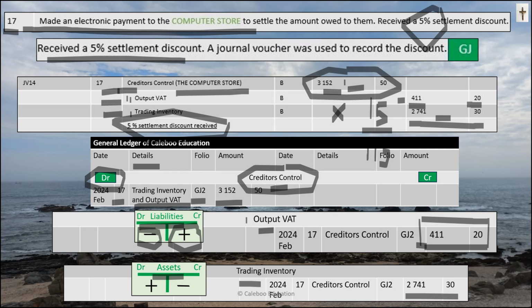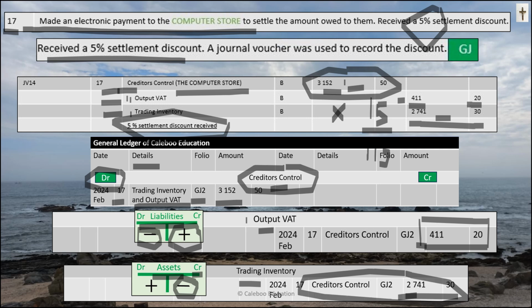You just say the inclusive amount, 3152.50 cents, minus the VAT amount of 411.20, is equal to a decrease in the value of the stock that we have on hand and a decrease in assets. The account must be credited. So the entry must be on the right hand side of trading inventory.